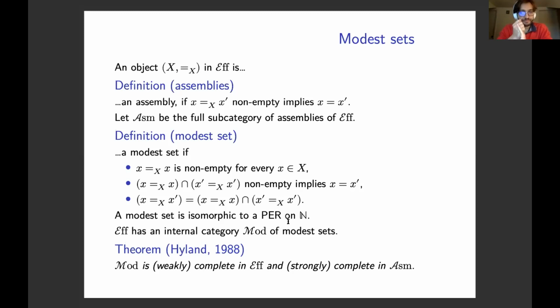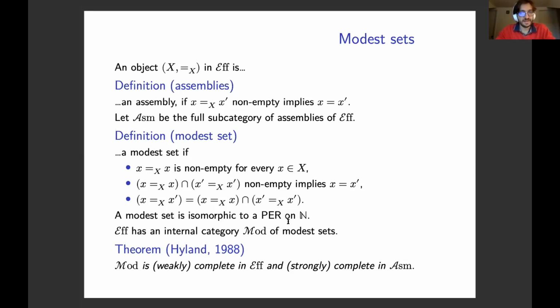So for every element of the underlying set, there has to be a witness that this element is equal to itself, and when it is a witness of being equal to itself, we say that it is a proof that the element exists. So we say that an element exists if there is a witness that it's equal to itself.